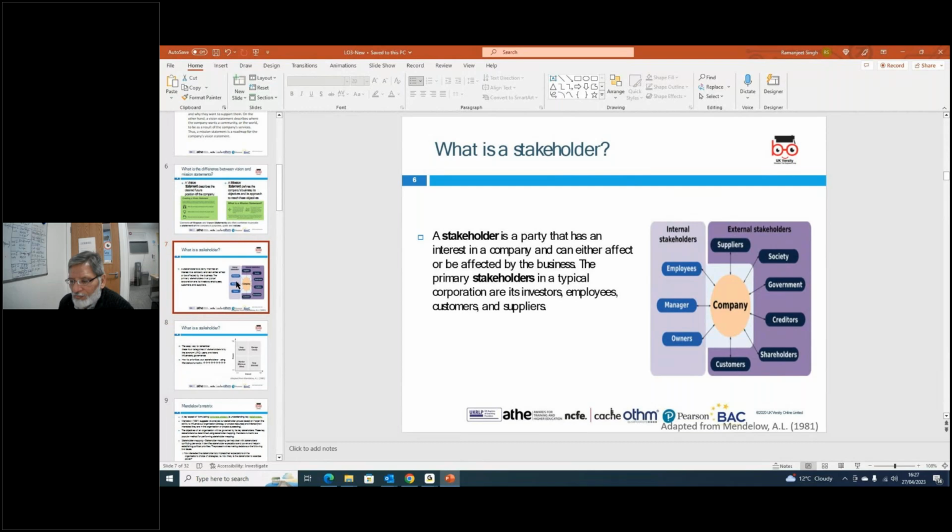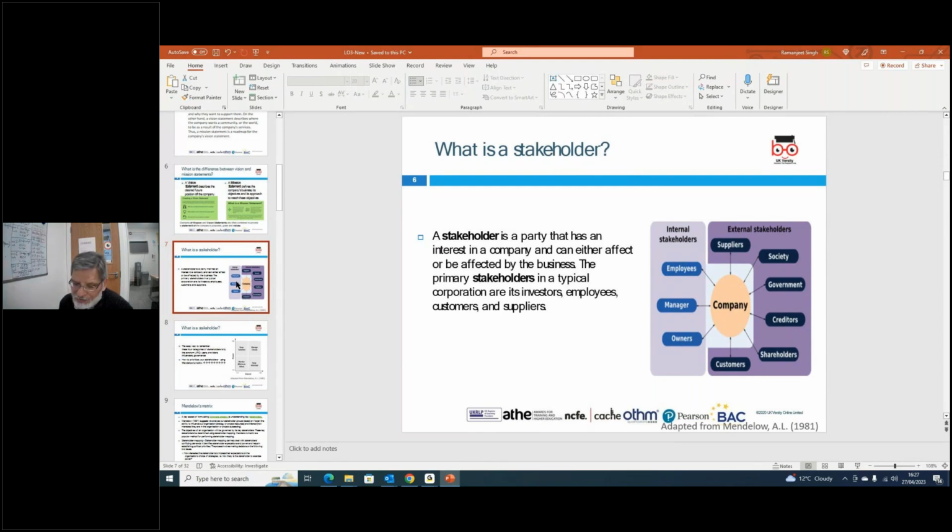So there are people who have an interest, for instance, people living near your company, people who are outside the organization and not even working there, people working inside the company, employees of the company, people who are not employees, maybe the government, the local council, local organizations, other suppliers.